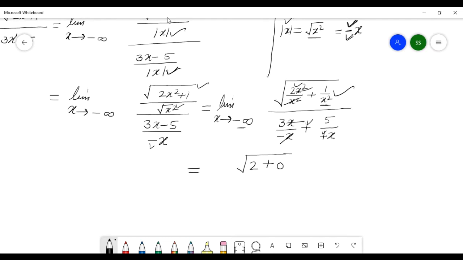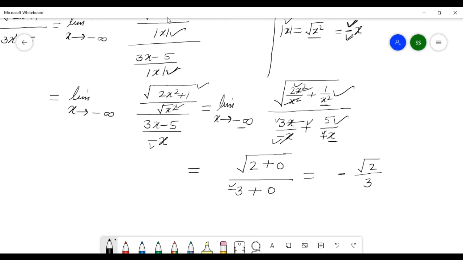It is 0 all the time. Here we get minus 3 plus 5 divided by infinity, which is 0. This is equal to the square root of 2 over minus 3. See here, no problem.